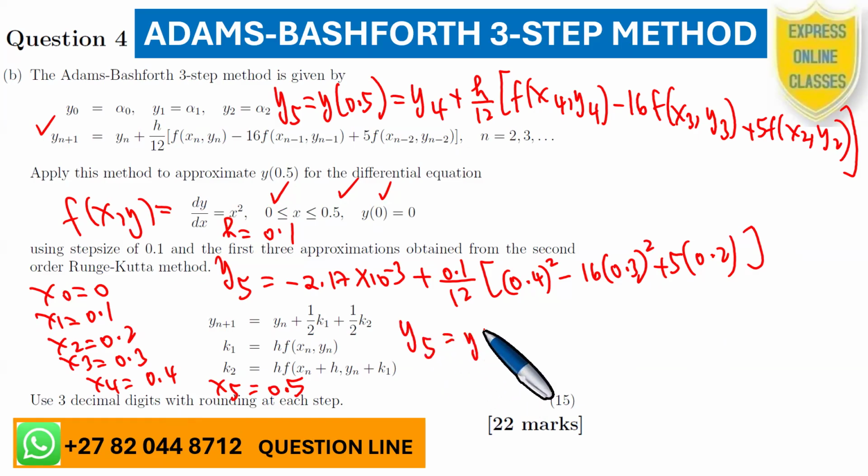Right, and then now you'd get y sub 5, which is y at 0.5, which is what they want, because it said apply this method to approximate y at 0.5. So the y at 0.5 is exactly y sub 5. And let's use a calculator.